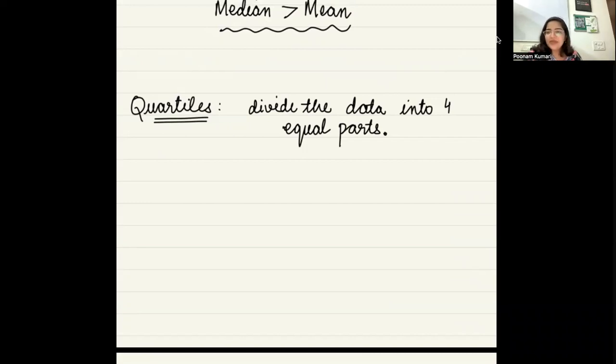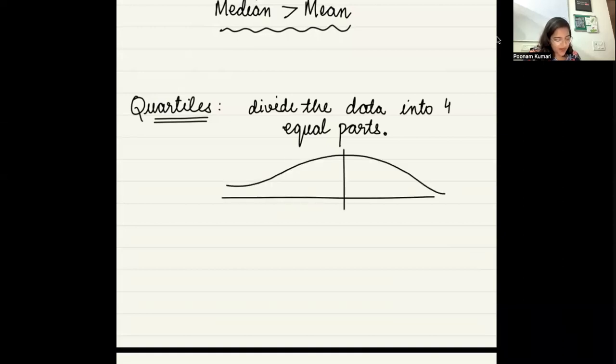So you need 3 points, right? Let's say your data is like this. One would be the median, and then one would be half of this, and then one would be half of this. So it'll be called the first quartile, and then this is the median, and then this is the third quartile.